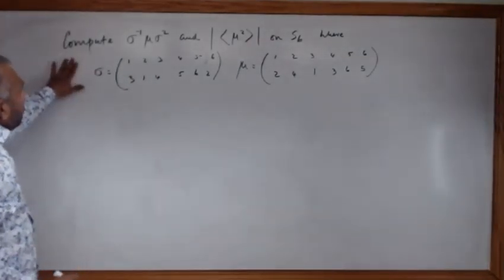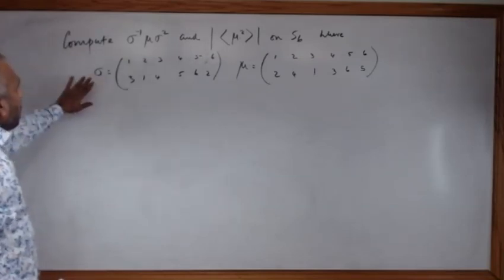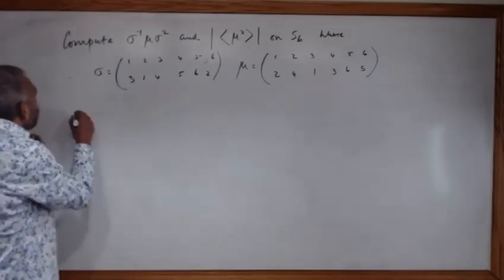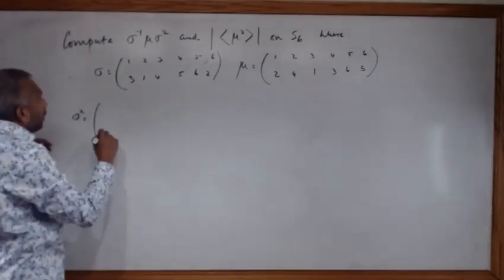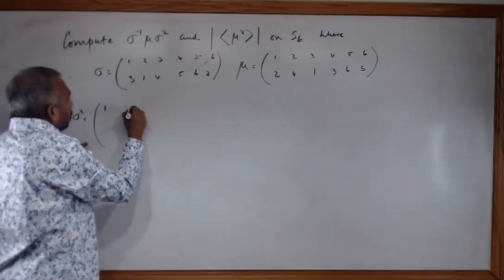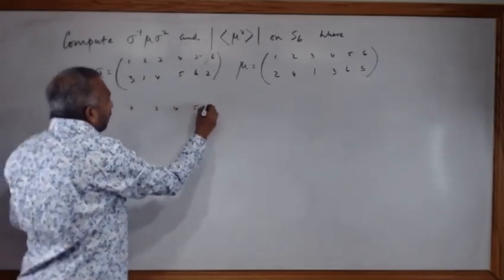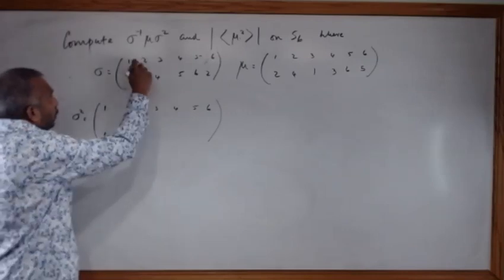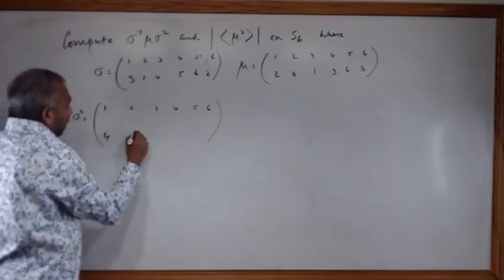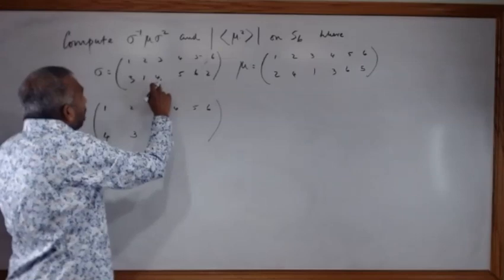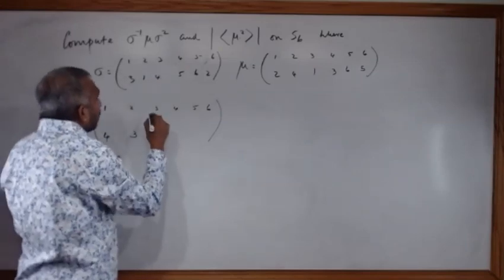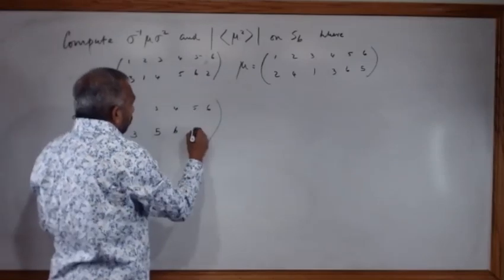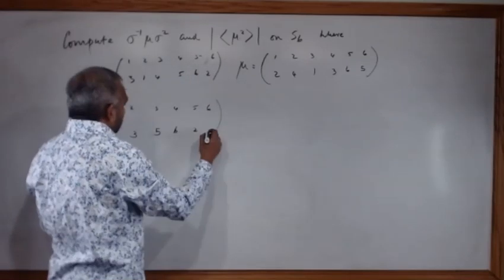So this is just a computational problem. I just want to make sure that you got the idea of composing two permutations. So sigma square is going to be 1, 2, 3, 4, 5, 6 mapping to 3, 4, 1, 5, 2, 6, 2, 1.